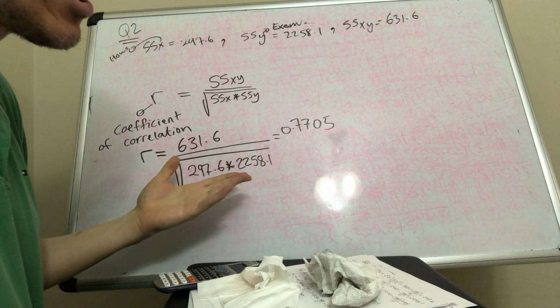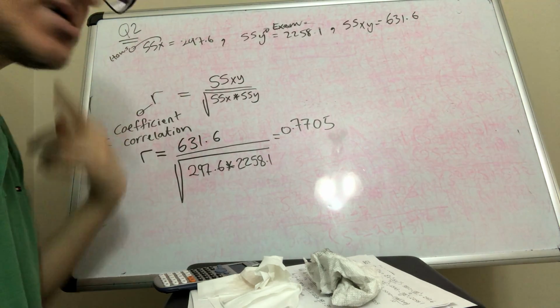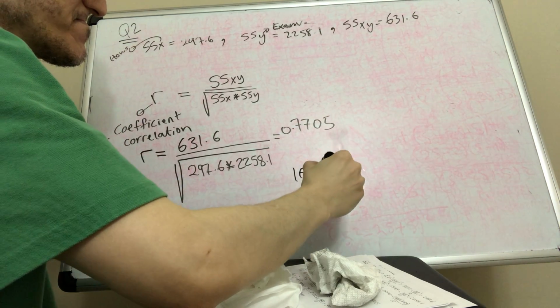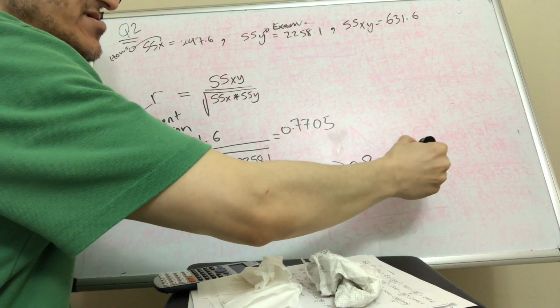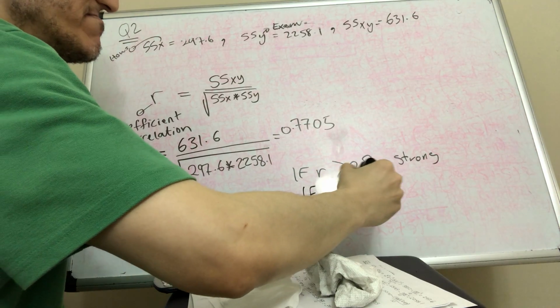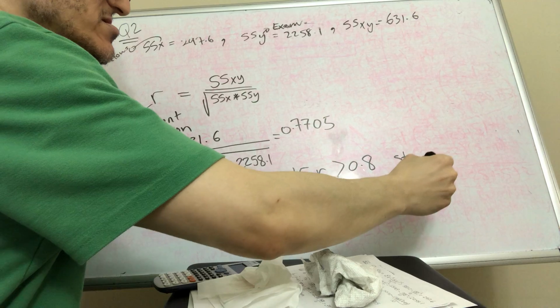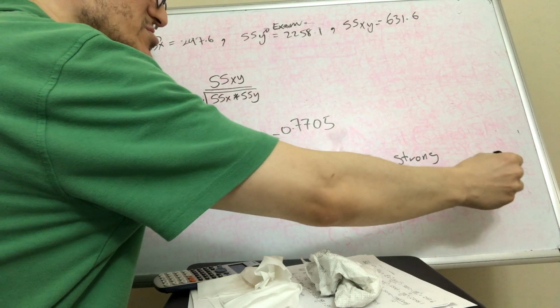Now we need to talk about what does this mean? Is there a relationship? If your R is more than 0.8, then there is a strong relationship. If R is between 0.6 and 0.8, that's a good relationship.